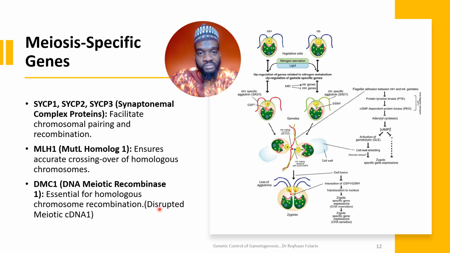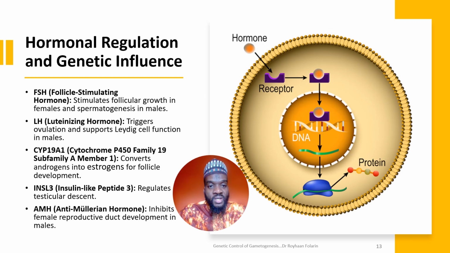The name has, however, been changed to DNA meiotic recombinase 1, because that's a standardized and widely accepted full name in modern molecular biology, because this better reflects the function of DMC1 as a recombinase enzyme that is critical for homologous chromosome pairing and recombination during the process of meiosis.